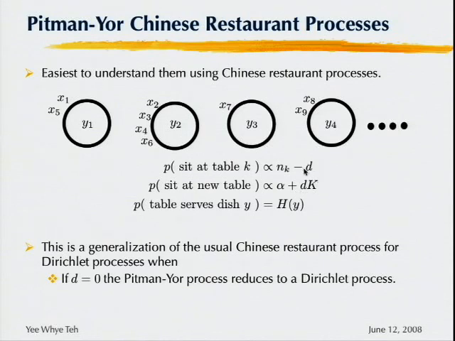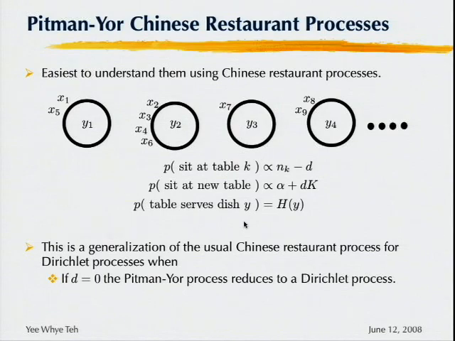So we have k tables, and we subtract probability mass of d from each table, and we add all of those probability masses to the probability of the customer sitting at a new table. Okay.